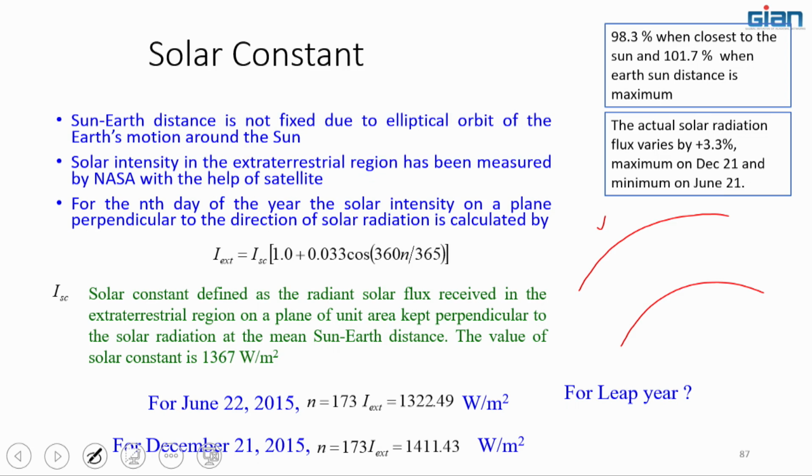That variation of about 3.3% is accounted for here by the 0.033 cos term. Okay, so that's how it is related. And n is the nth day of the year. You can substitute and see what I_external, the extraterrestrial radiation, is.